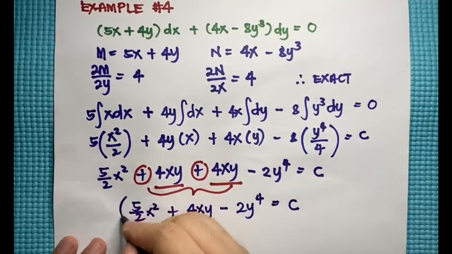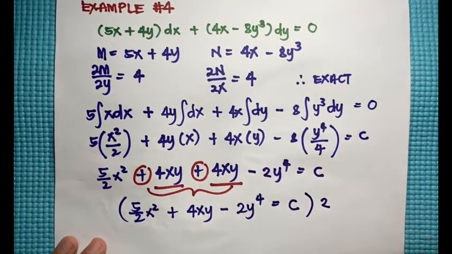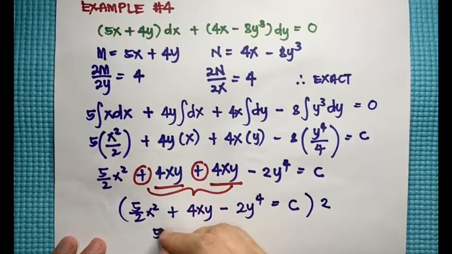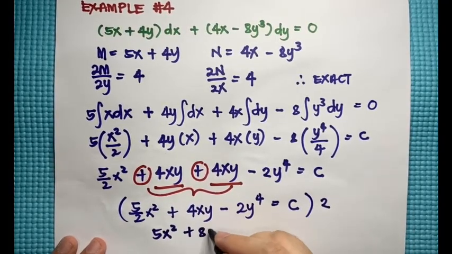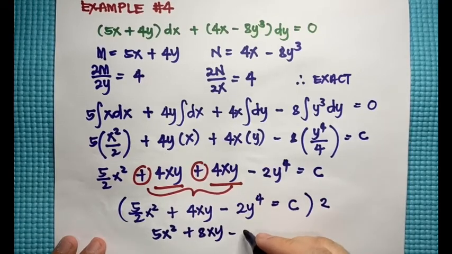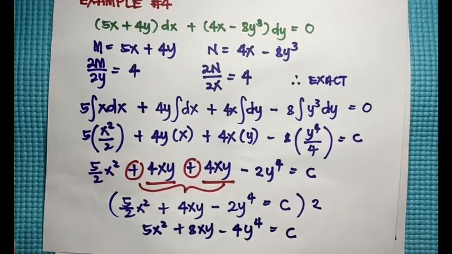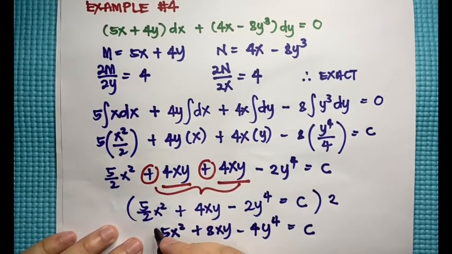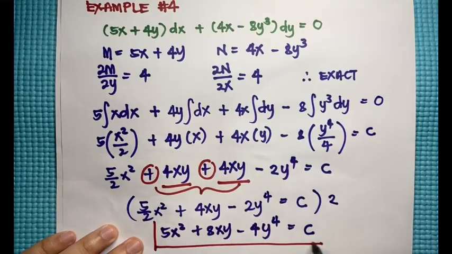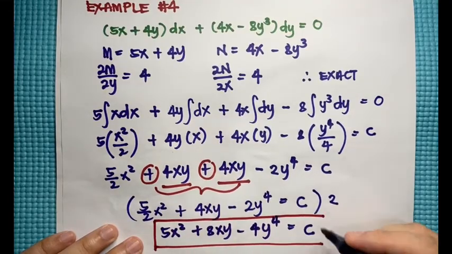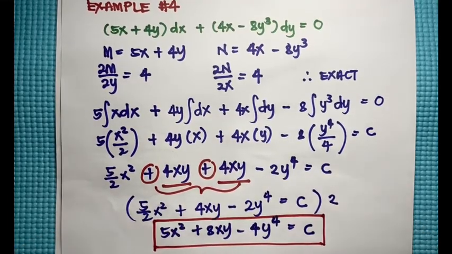If I want to simplify this one, I could multiply everything by 2, giving us 5x squared plus 8xy minus 4y to the 4th is equal to c. So yielding our general solution to be 5x squared plus 8xy minus 4y to the 4th is equal to c.